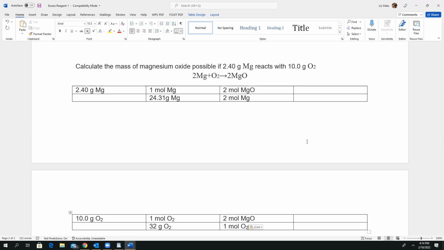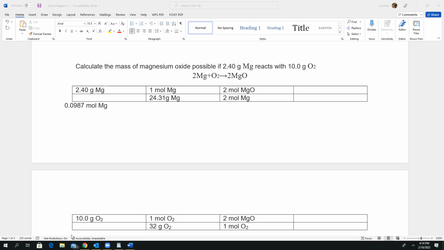Okay, 2.40 divided by 24.31, yeah, okay, I get 0.0987. All right, so I'm going to put that number right here, 0.0987. That is moles of magnesium, right? I think that's what I got. Yeah, because it says 2.40.